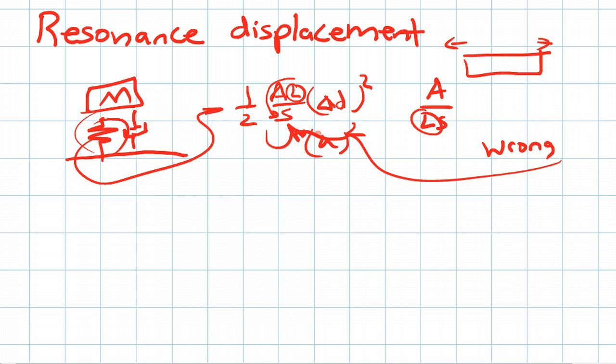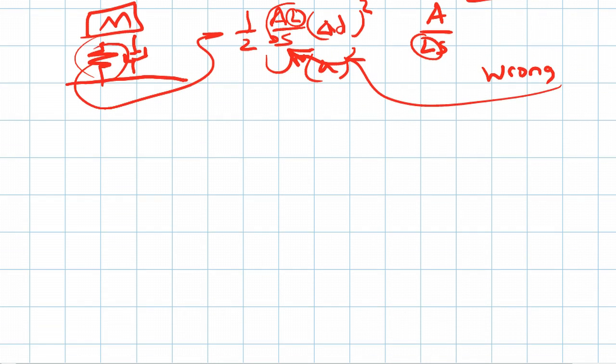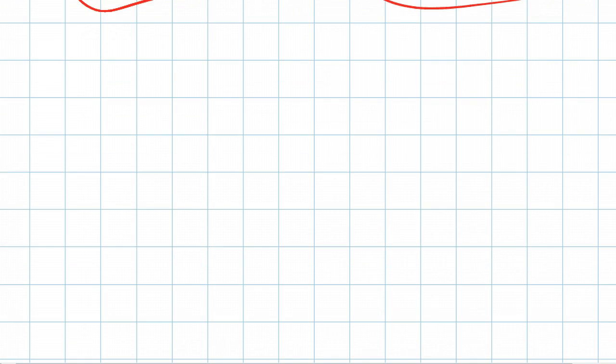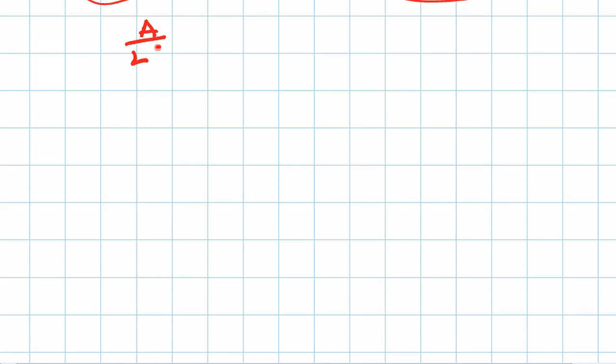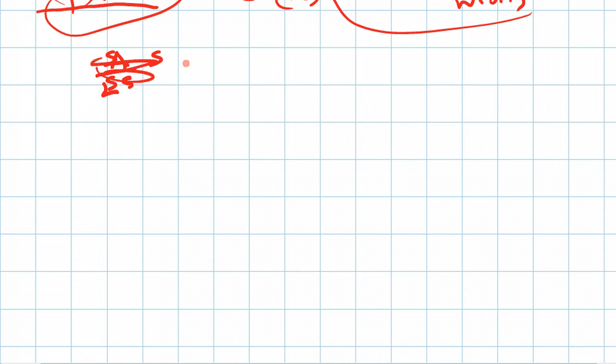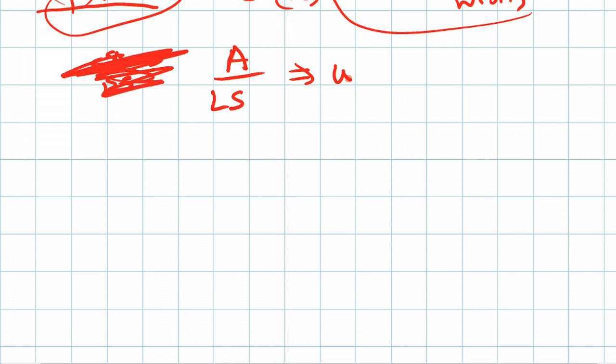You can't model the spring constant like this for higher frequencies, and the reason is because this spring model, or this equivalent stiffness that I mentioned, A L over S, is for a uniform strain.